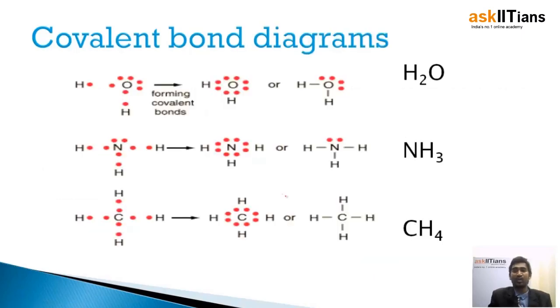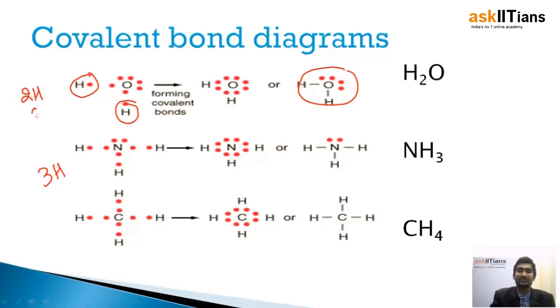See here the water molecule. This molecule has 2 H and 1 O, and they form covalent bonds to form H2O. Similarly, for NH3, N has 5 valence electrons, so it has to combine with 3 hydrogen atoms.